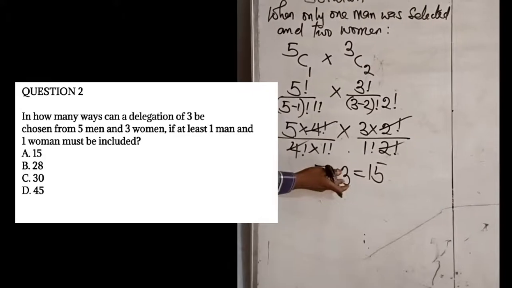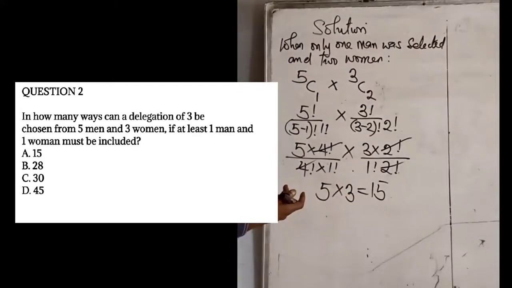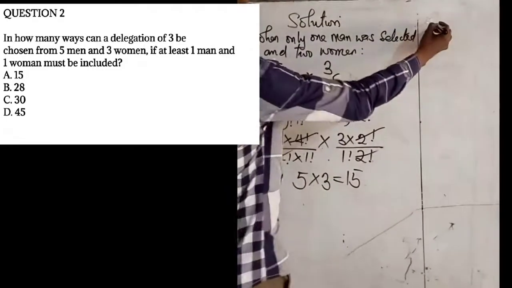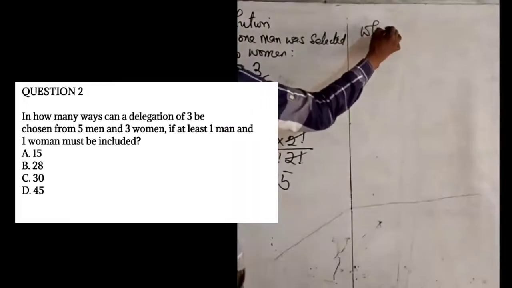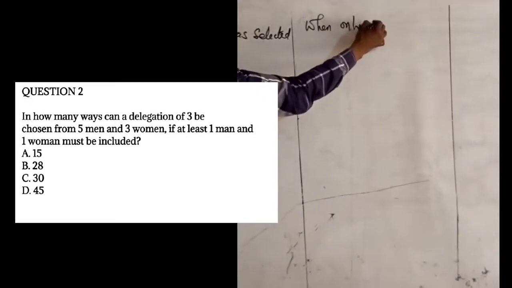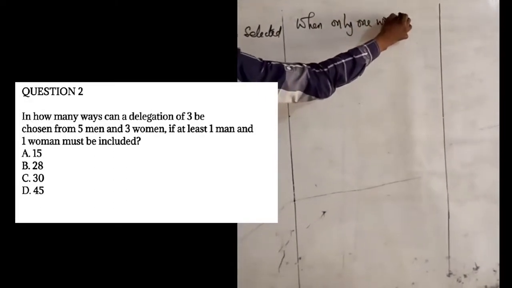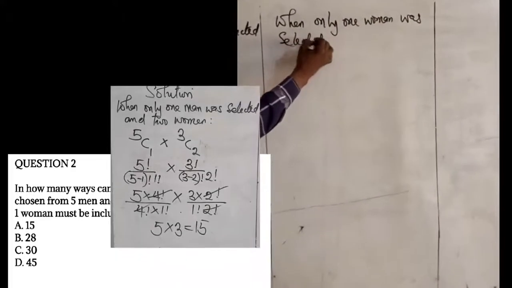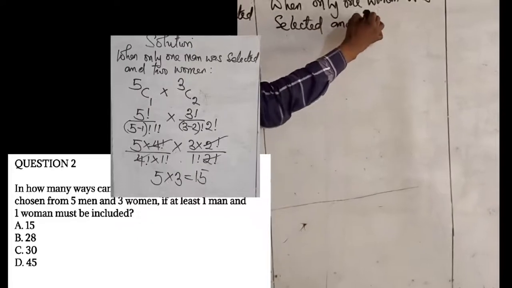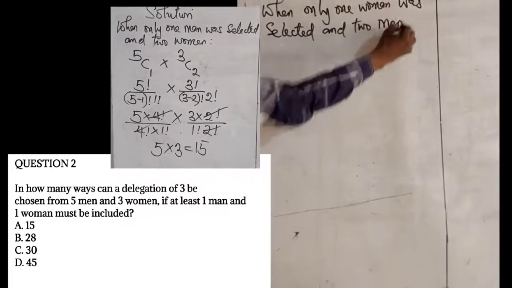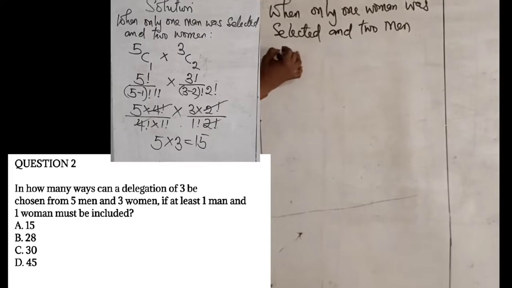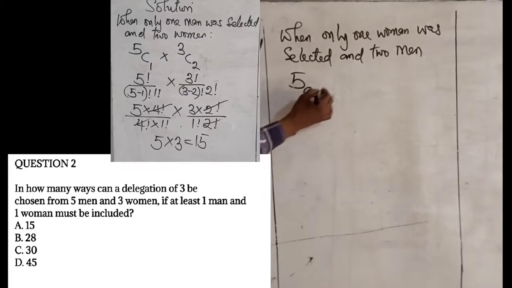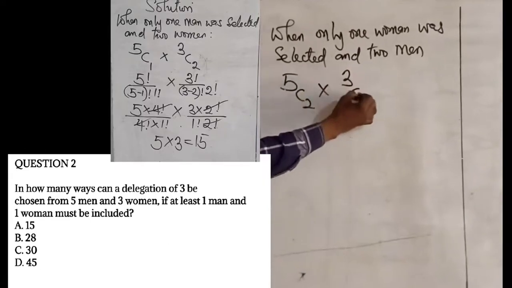So we have 5 times 3 as 15. The next condition we need to consider is when only one woman was selected and 2 men. In this condition, the expression becomes 5 combination 2 this time around, times 3 combination 1.